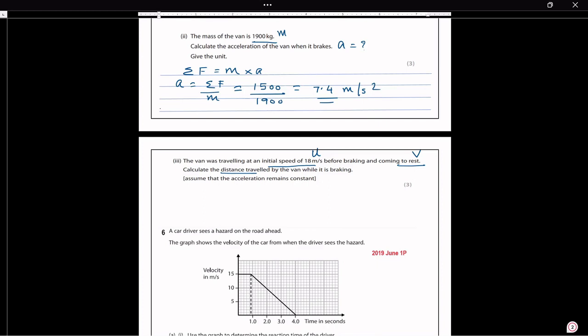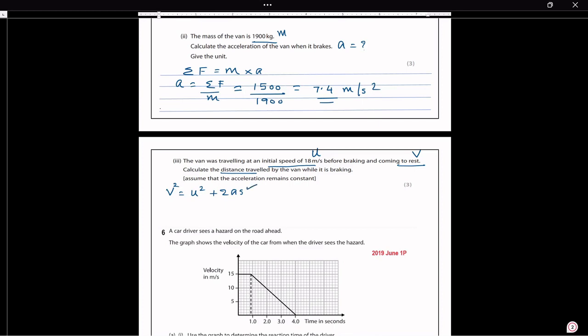So we can make use of the SUVAT equation, V square equals U square plus 2AS. The other equations involve time, which is not given here, so this is the only convenient equation we can use. S is what they are asking you to calculate.